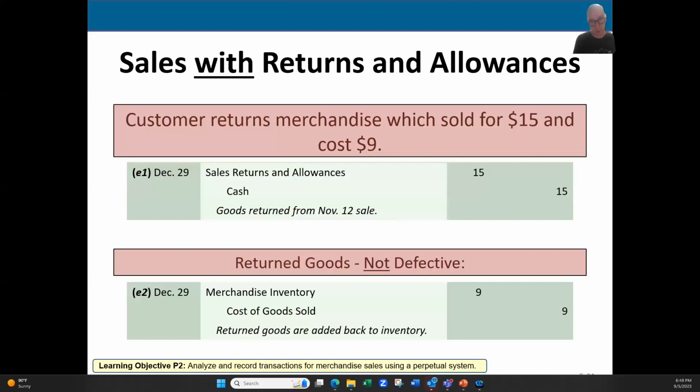I debit sales, returns, and allowances, $15. And I credit cash, $15. And then, because the inventory is still good, I can resell it. I debit merchandise inventory, $9. Credit cost of goods sold, $9. Just puts it back in inventory. It's kind of like reversing it, basically.